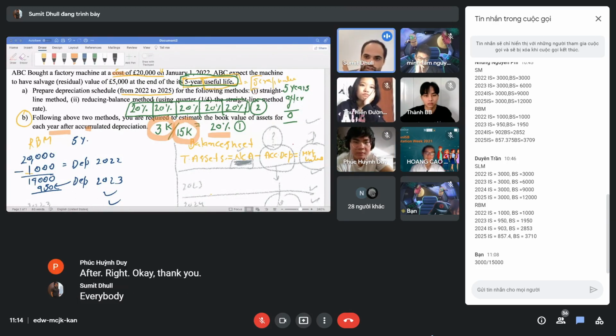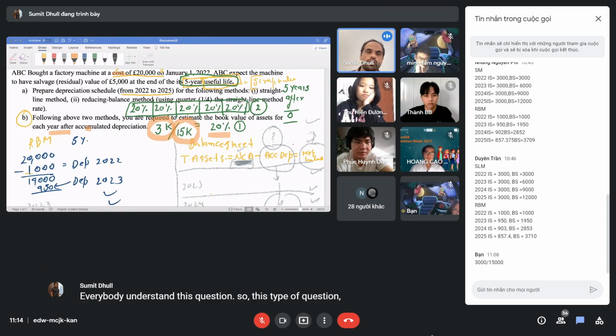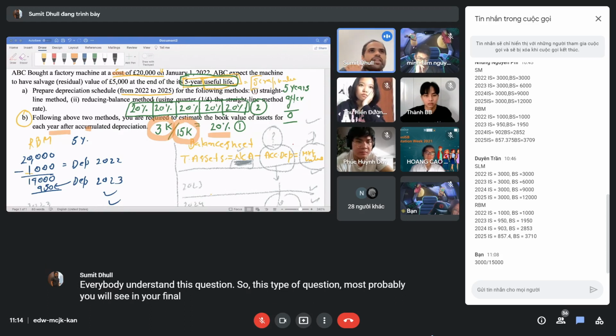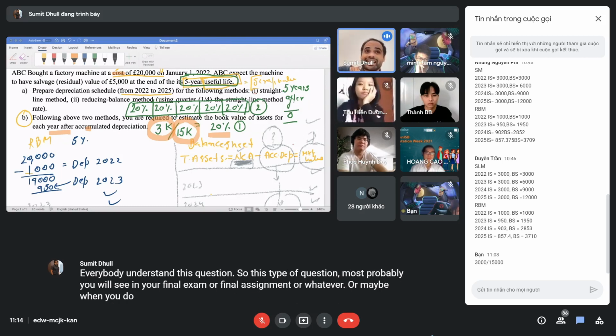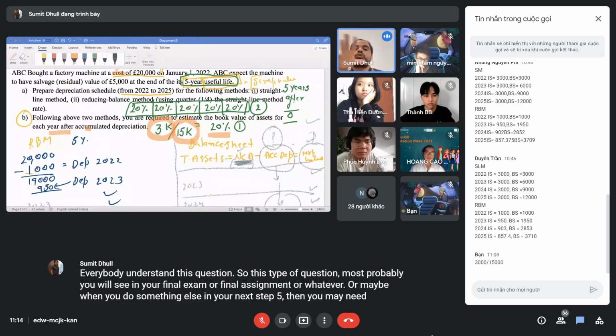Does everybody understand this question? This type of question, most probably you will see in your final exam or final assignment or whatever. Or maybe in your next step you may need this information to calculate depreciation.